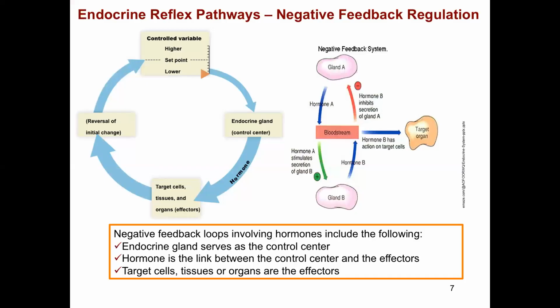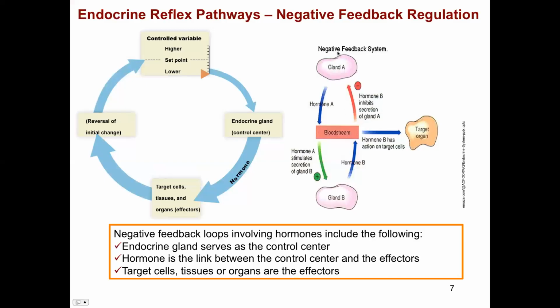The thing to understand here is that sometimes there isn't just one hormone involved. Sometimes there are up to 3 different hormones responsible for an effect, and they all work through negative feedback. We'll see that when we look at the sex hormones later on in the course, all right? So you'll see that happening there.